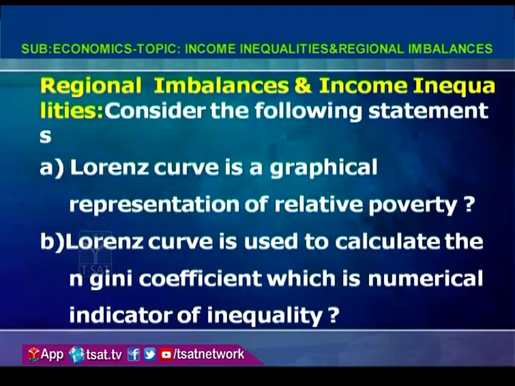Consider the following statements. The Lorenz curve is a graphical representation of relative poverty. The Lorenz curve is used to calculate the Gini coefficient, which is a numerical indicator of inequality.